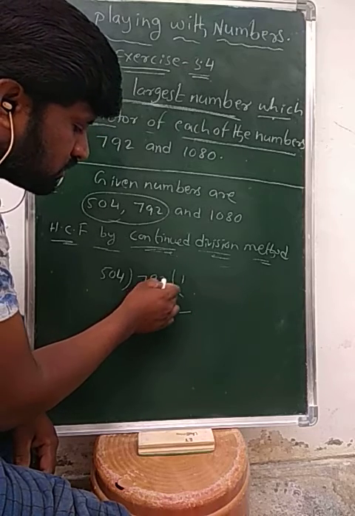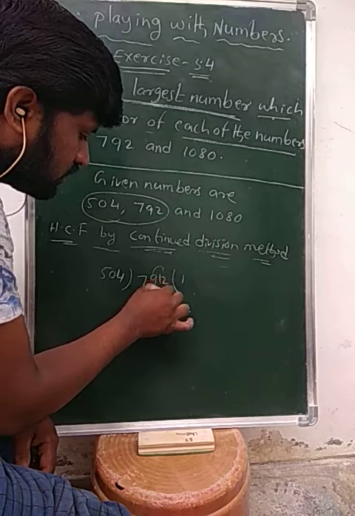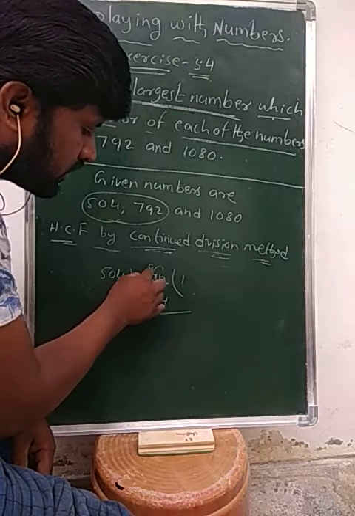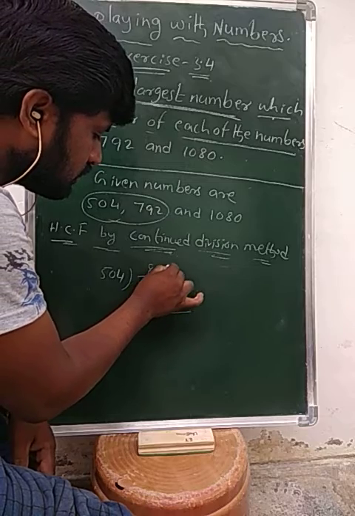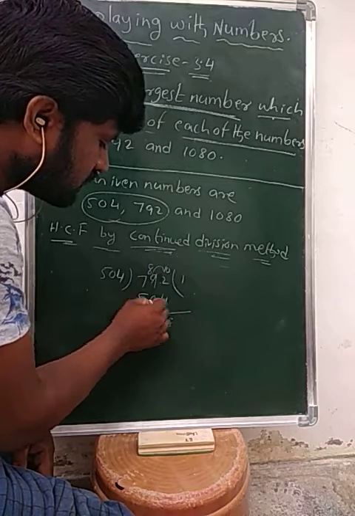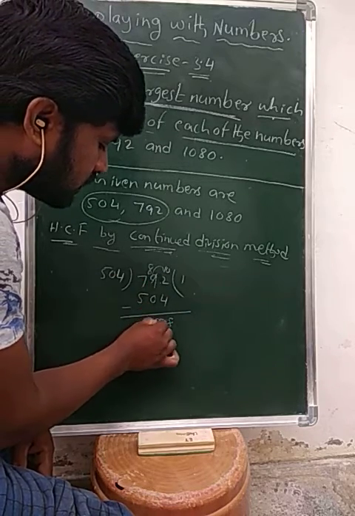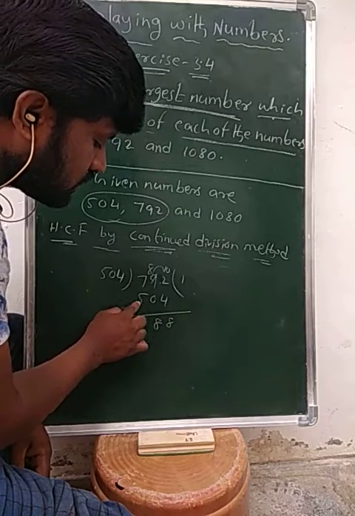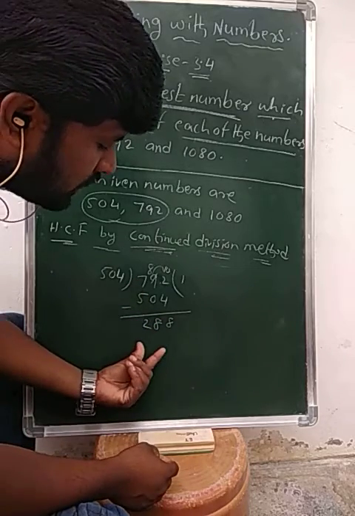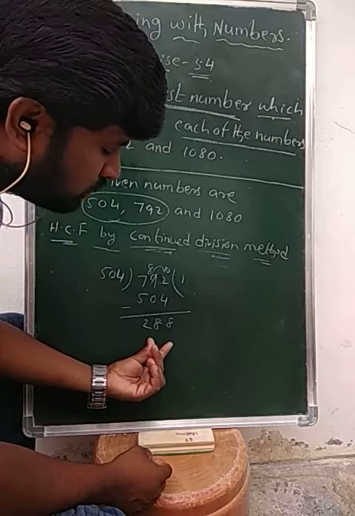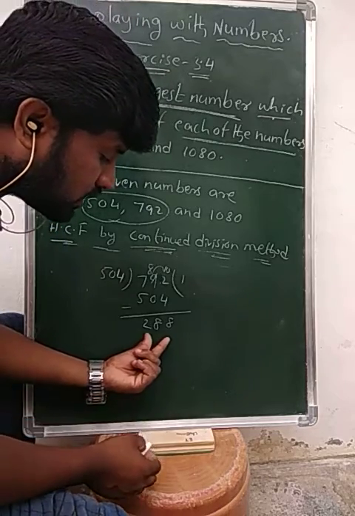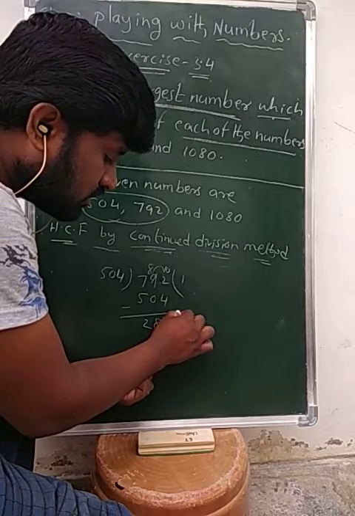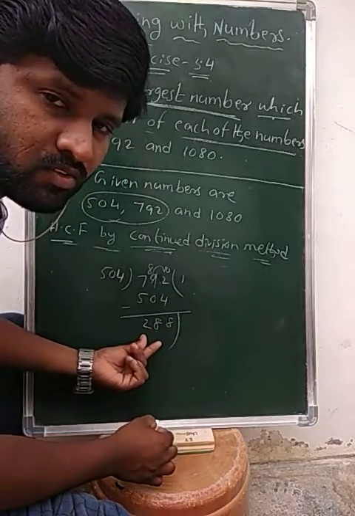By doing subtraction, taking borrow, 2 becomes 12. 12 minus 4 is 8. 8 minus 0 is 8. 7 minus 5 is 2. We get the remainder 288.